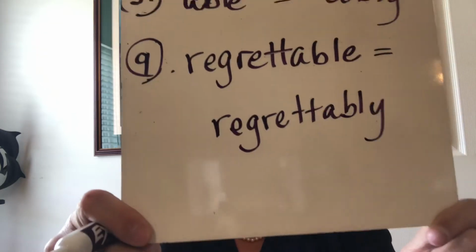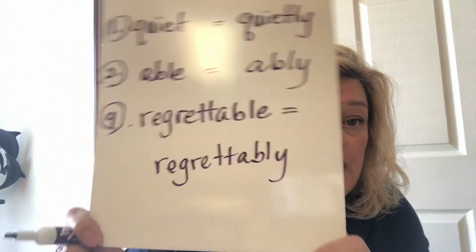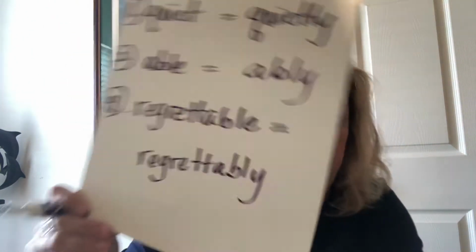Okay, now we're going to make it regrettably. R-E-G-R-E-T-T-A-B-L-Y. Make sure you spell them correctly. If you're unsure, dictionary.com, look it up. It'll show you the correct spelling if you put it in there, okay?